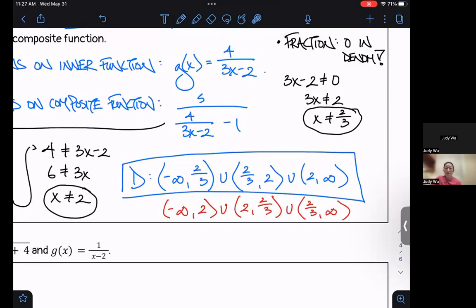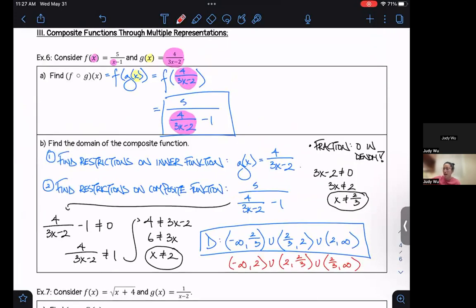Now, I understand that we've got the correct numbers in here, but really we like to list these numbers from the smallest, which is negative infinity, all the way to the biggest, which is positive infinity. So that's why we're going to have the 2/3 first, and then the 2, because 2 is bigger than 2/3. So we want to make sure we line these up in order from smallest to biggest.